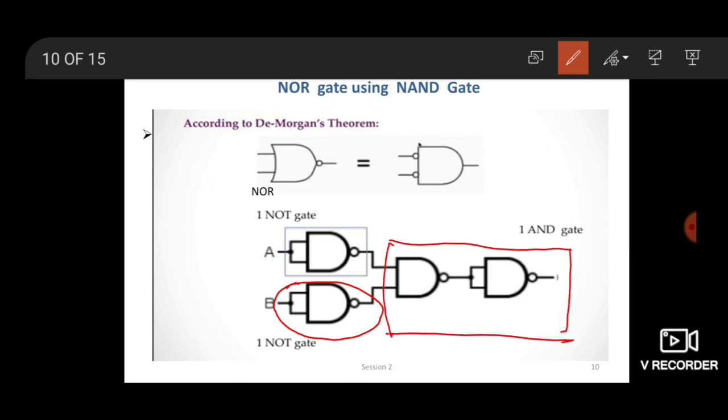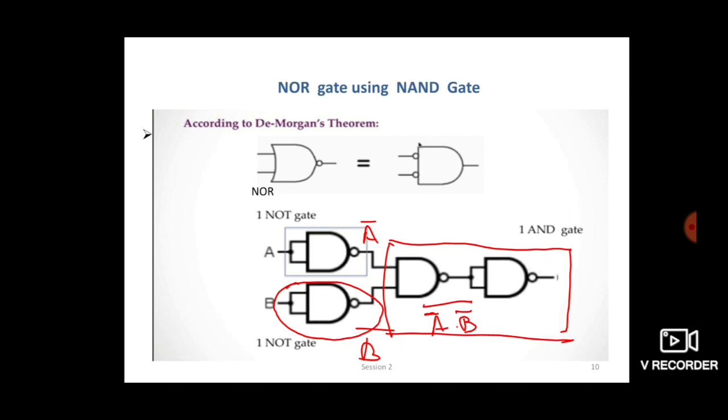Now if A and B are passed here, what is the output here? A bar, here B bar. Now A bar, B bar pass here, then the output is (A bar dot B bar) bar. Now again pass this output to this NAND gate.